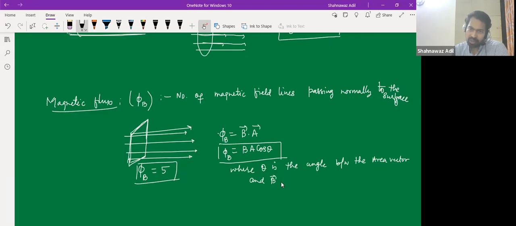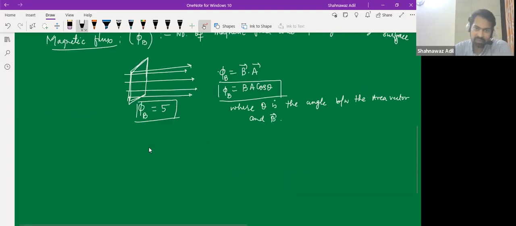Okay. So if I ask you, let's say this is my surface area, and the magnetic field is going like this.